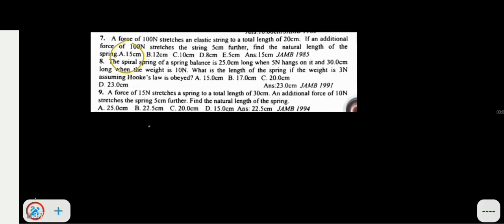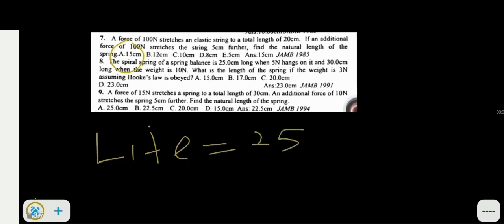So you need to break this question down in several stages. So the spiral spring is 25 cm long when 5 Newton hangs on it. That is the original length L1 plus the extension. Everything will give you 25. That's for the first case.